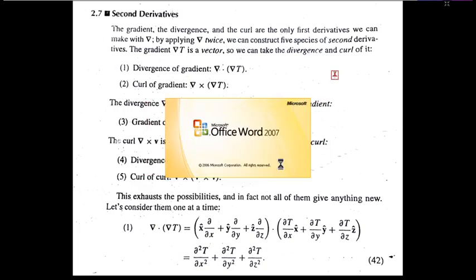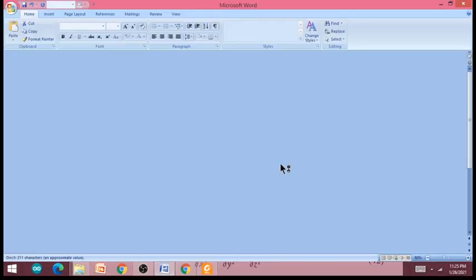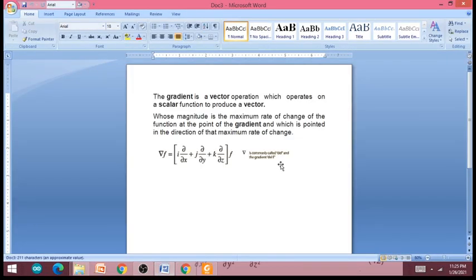You can look at here, the gradient is a vector operator which operates on a scalar function and produces a vector, whose magnitude is the maximum rate of change of the function at that particular point where you are going to execute the gradient, and which points in the direction of the maximum rate of change.